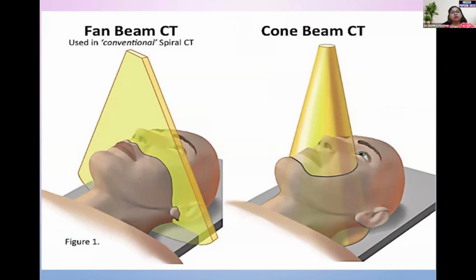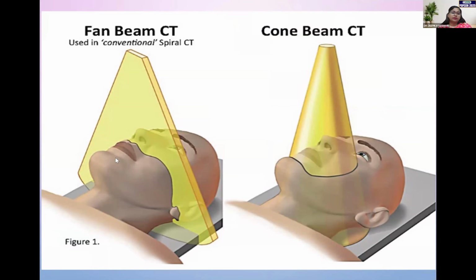Let us have a look at how the images are acquired in CT and CBCT to understand the difference between CT and CBCT. As you can see here in this picture, a CT image is acquired in the form of a fan-shaped beam that is used in conventional spiral CT. In this, all the images are acquired in the axial or transverse plane and then they are stacked together to form one complete image.